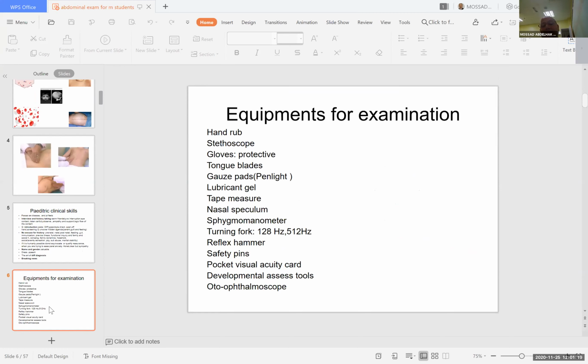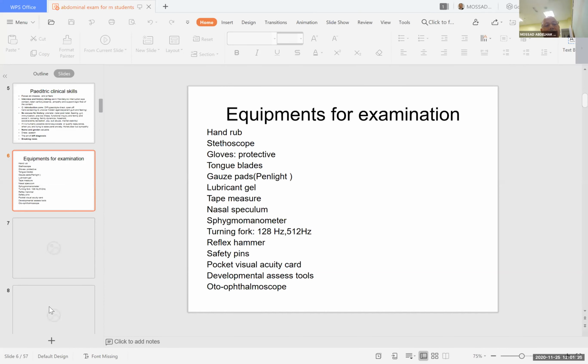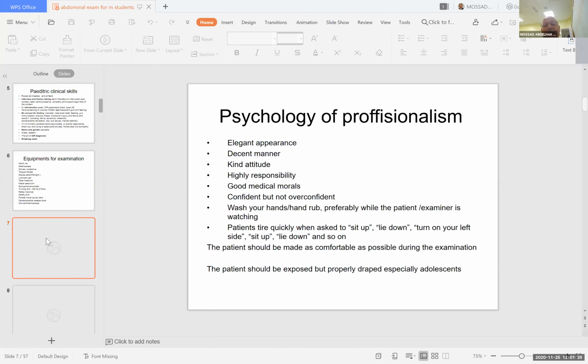Equipment is very important. I am reminding you again, please don't miss it. It's your weapons, okay? You are not allowed to lose your weapons. To be professional, again, your appearance, your manner, your kindness, your high responsibility.